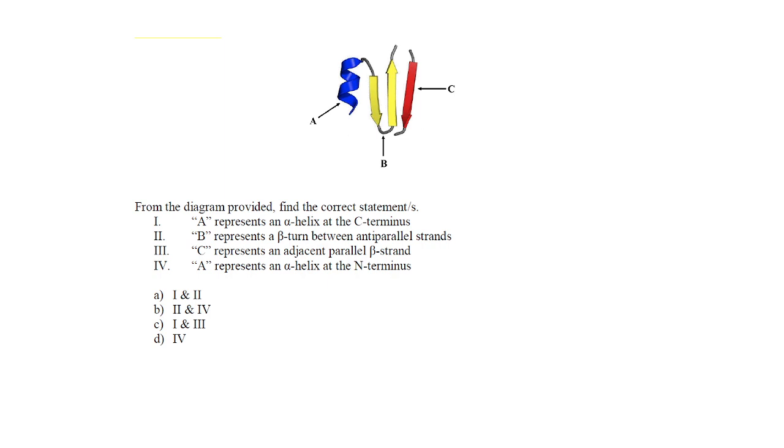Any of you? Option A, first and second? Option B is correct: second and fourth. B represents the beta turn between antiparallel strands. Yes, this B is a beta turn. These two are antiparallel strands, right?